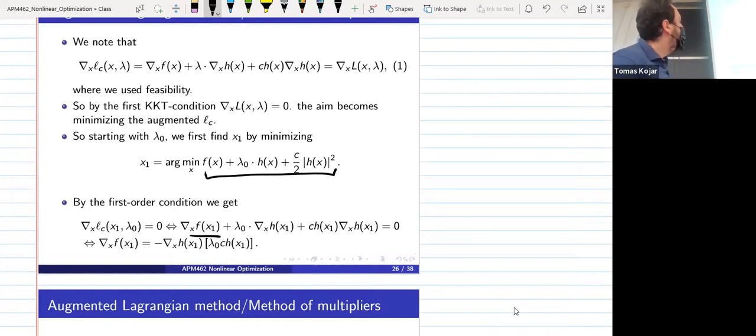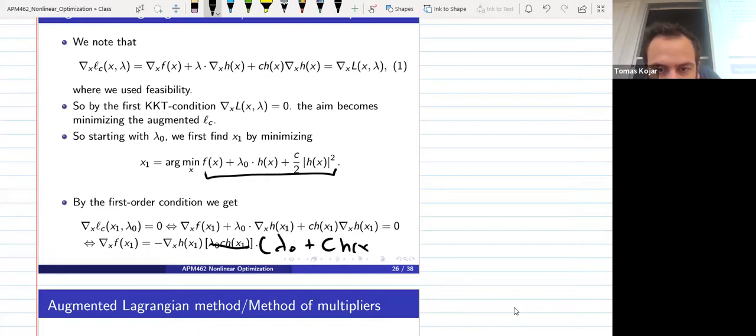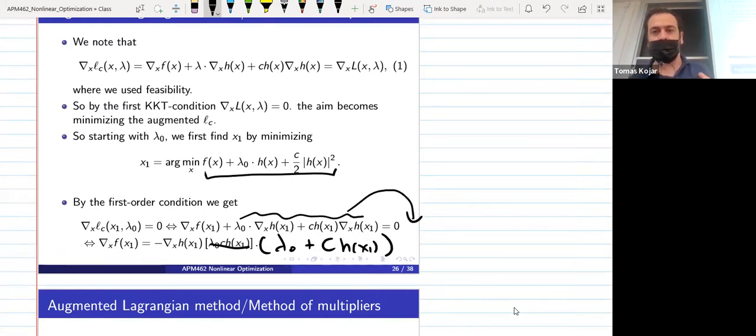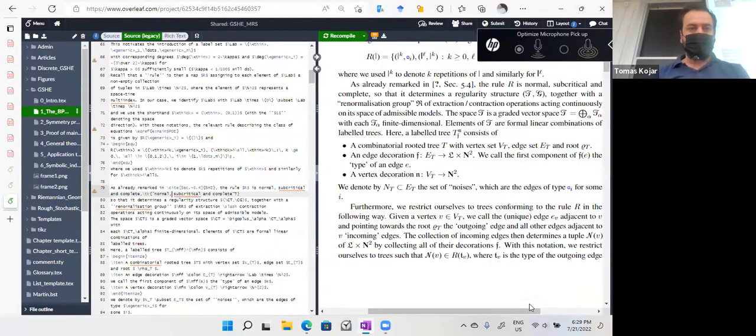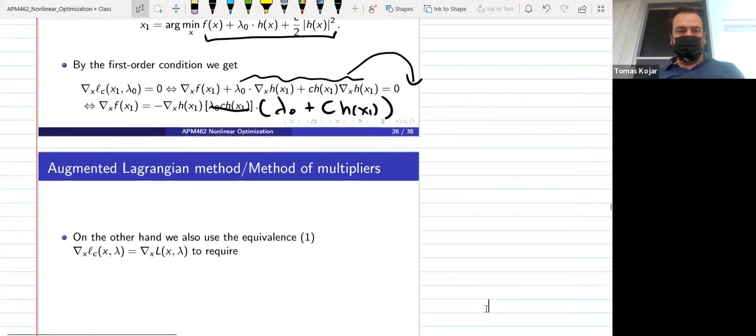Anyway, this is a typo. This would be a plus over here. So let me write it: parenthesis lambda 0 plus c h of x1. I moved this to the right. All right, good. What else?